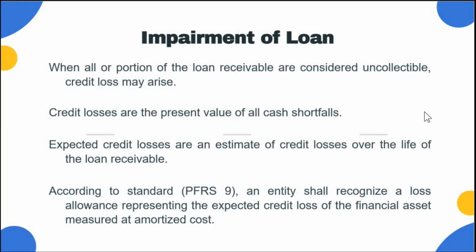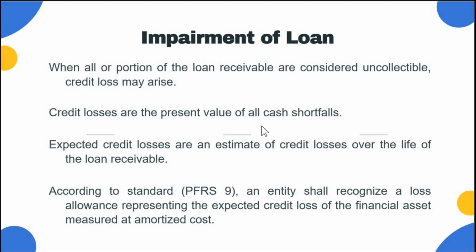So impairment of loan. When all or portion of the loan receivable are considered uncollectible, a credit loss may arise. Credit losses are the present value of all cash shortfalls. So we consider this as our probable losses. Expected credit losses are an estimate of credit losses over the life of the loan receivable.